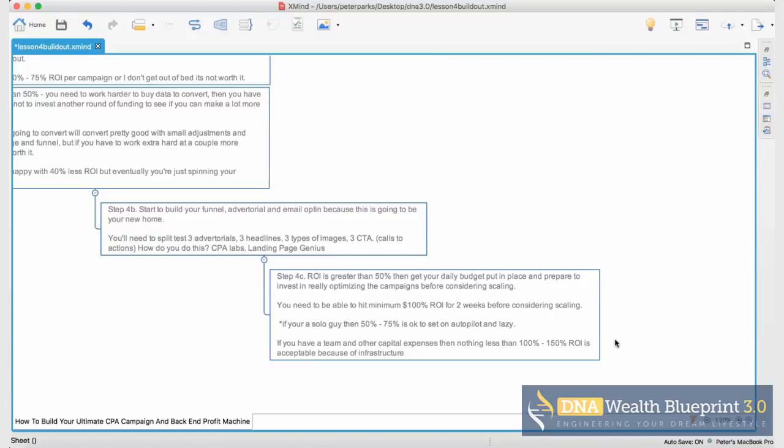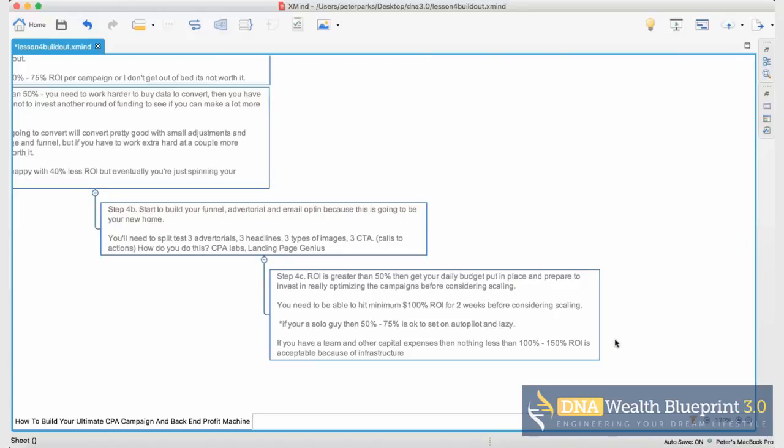If you're a solo affiliate guy, then this is not applicable to you. This is applicable to you if you have a team, you're thinking about having a team, you've got other capital expenses going into your campaigns, you want to recoup your advertising costs, you need to be 100% ROI or more, right?